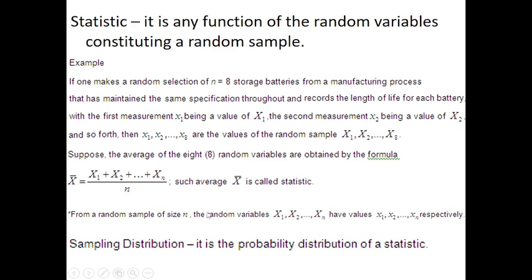Now, let's talk about sampling distribution. What is a sampling distribution? It is the probability distribution of a statistic.